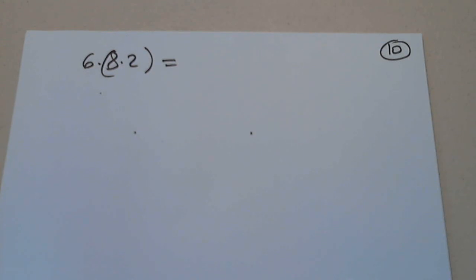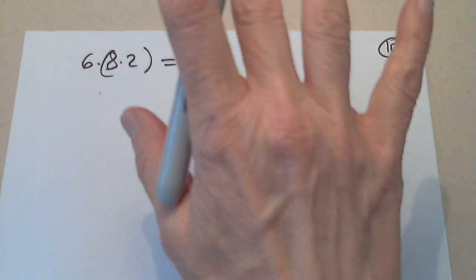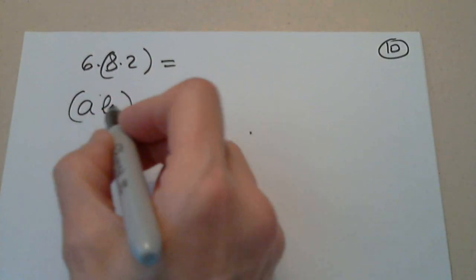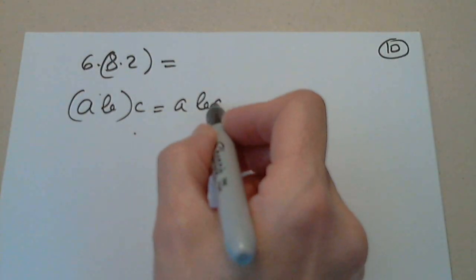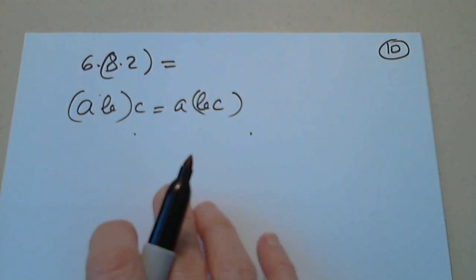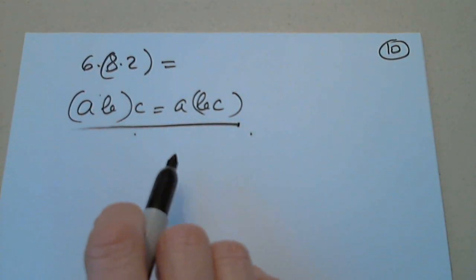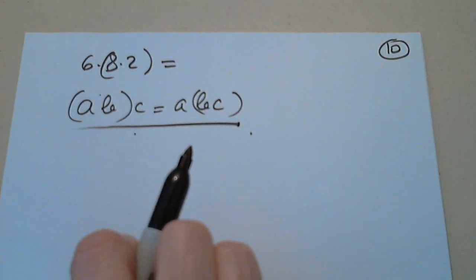It's okay if you're wrong. Oh, would it be 6 times 16? So remember the law, very good question. So here's the law. The associative law of multiplication says grouping is not important. We're not calculating anything.